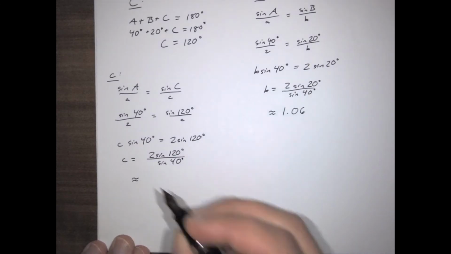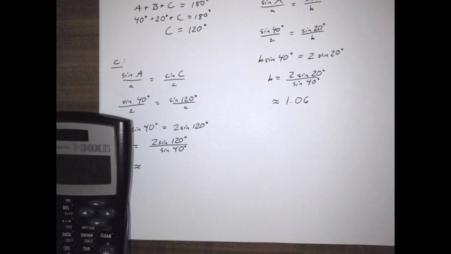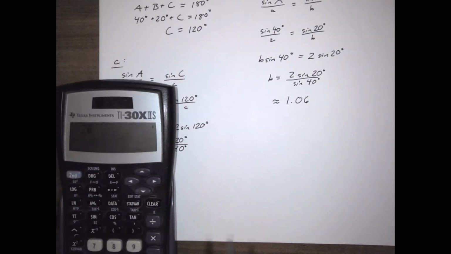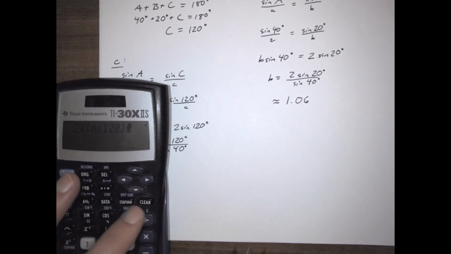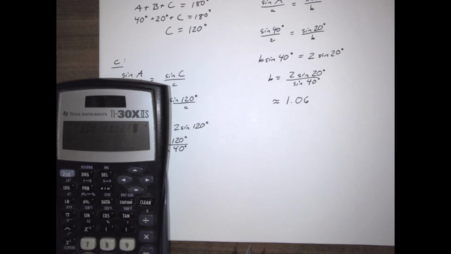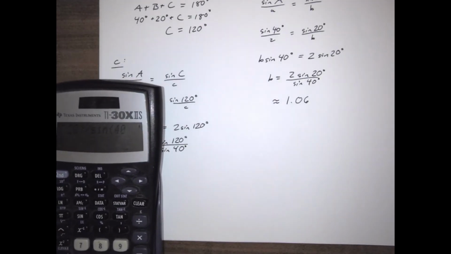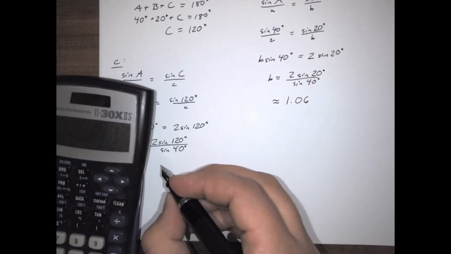But since there are other parts here that we don't know, we might as well just go ahead and put everything into our calculator. So 2, and it's the sine of 120 this time, divided by sine of 40. And I get 2.69.